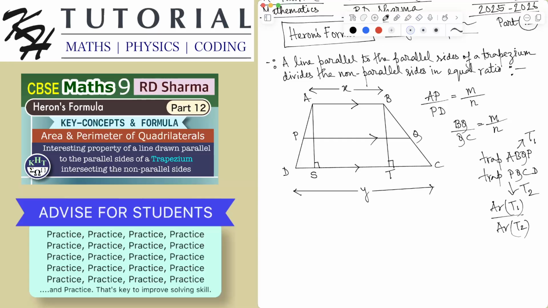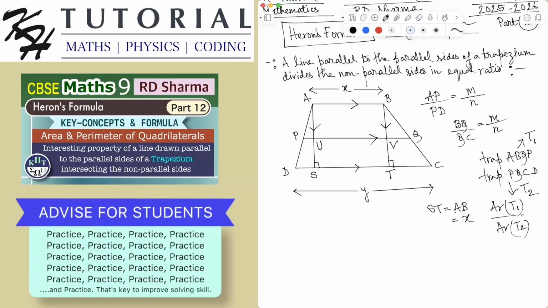Obviously, since both AS and BT are perpendicular to the side DC, AS and BT will be parallel, and then ABTS will be a rectangle. ST will be equal to AB, which is equal to X. Now, let us say the perpendicular AS intersects the line PQ at the point U, and the line PQ intersects the perpendicular BT at the point V.